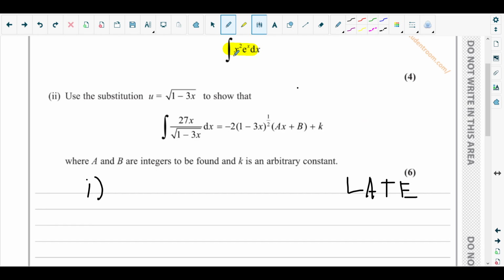So x squared is an algebraic, and e to the power x is an exponential. Exponential comes at the end, and algebra is second in the sequence, right? So x squared will be taken for differentiation.